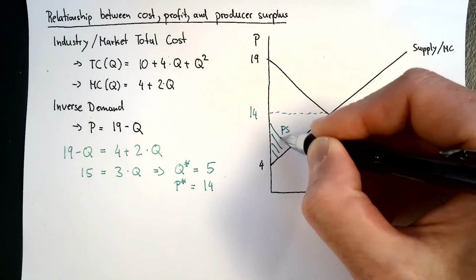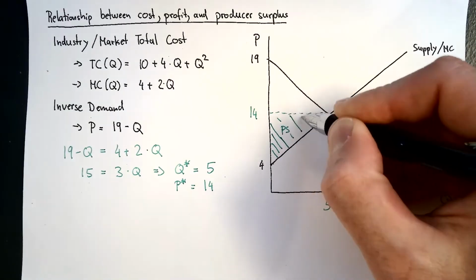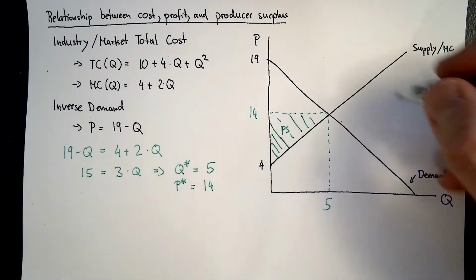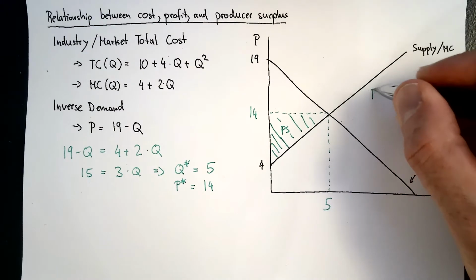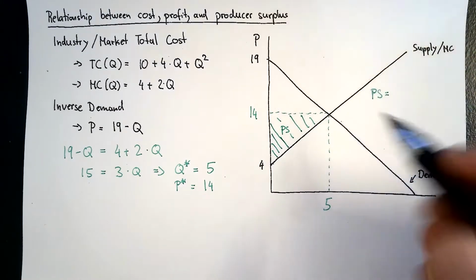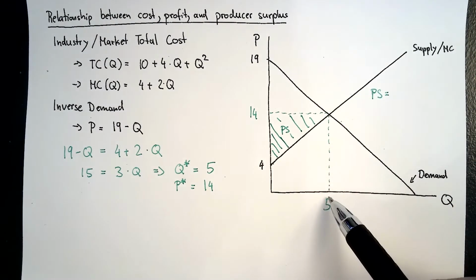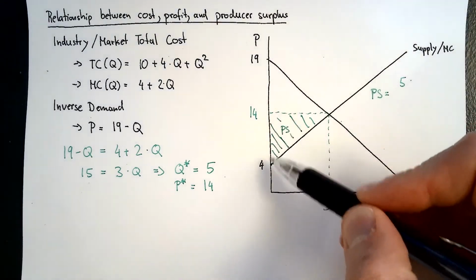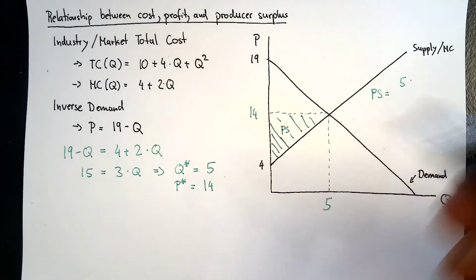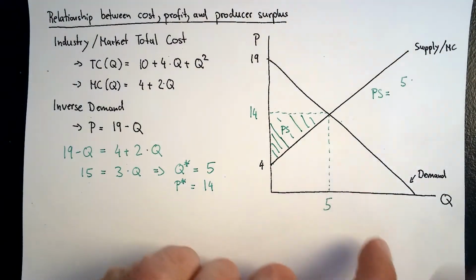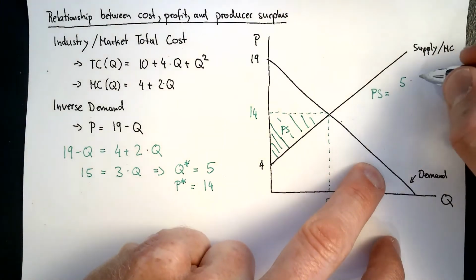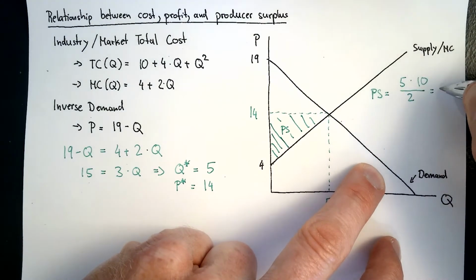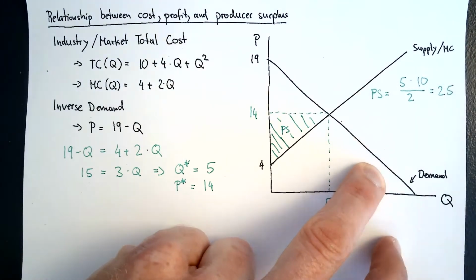And to calculate the area of a triangle, we have to calculate base times height divided by 2. So here, in this case, the producer surplus is base, it's 5, times the height of the triangle, which is 14 minus 4. So this is equal to 10. And we have to divide by 2, and hence the producer surplus in this case is 25.